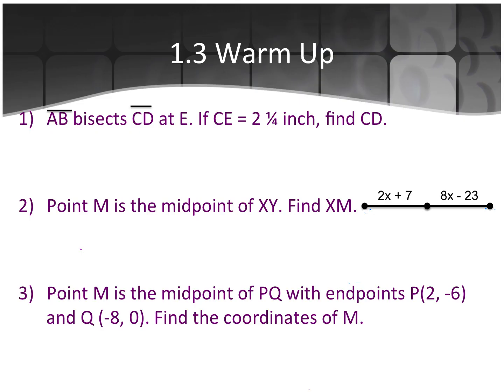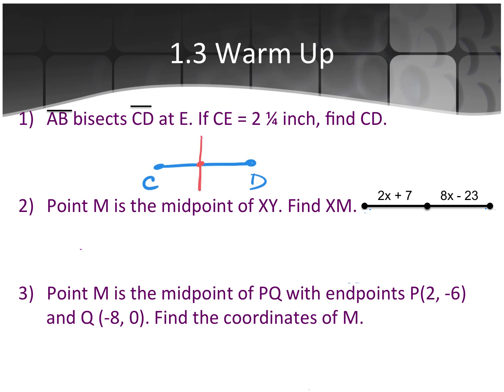So for 1-3, it's telling us that segment AB bisects segment CD at E. Notice a picture is not provided. So I'm going to give myself a little visual, and I'll go ahead and draw CD here. And then I'm going to draw in AB, which is bisecting it.